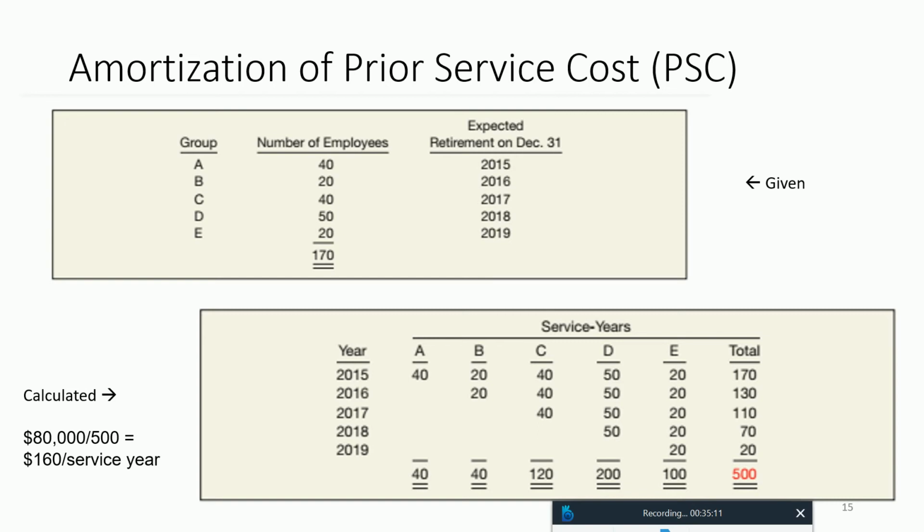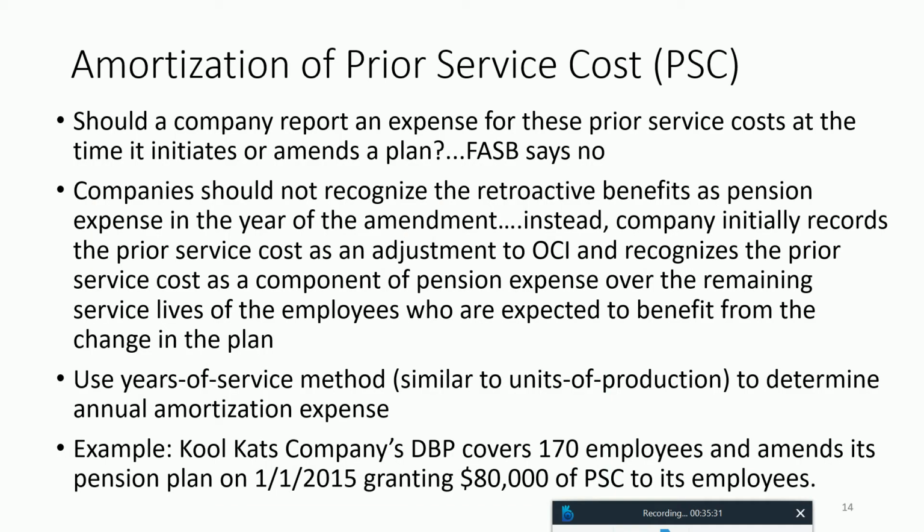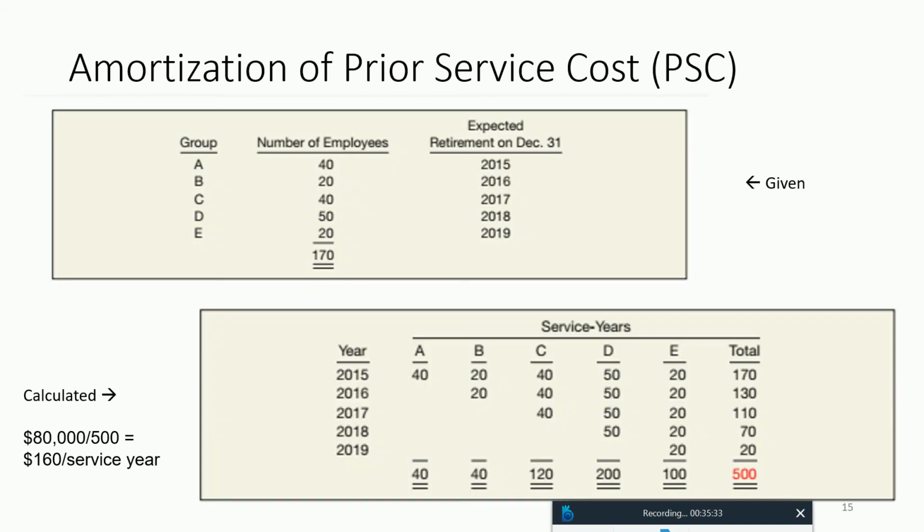So we know that we have 170 employees. So if we look at our top chart, we have 5 different groups of employees that are all expected to retire at different times. And then the number of employees in each bucket adds up to 170. Okay. So if we go back and look at our example, we are at the beginning of 2015.